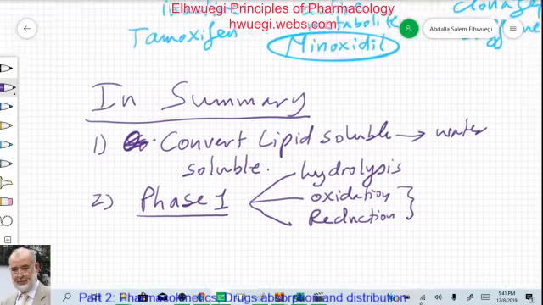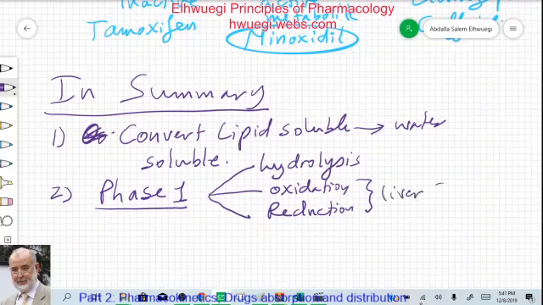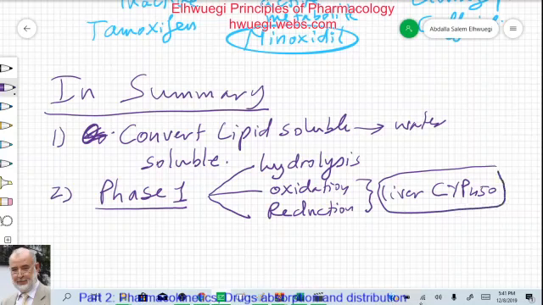Oxidation and reduction are done in the liver by liver cytochrome P450 enzymes. These enzymes are subject to many factors like liver disease, chronic administration, drug-drug interaction, or inhibition.